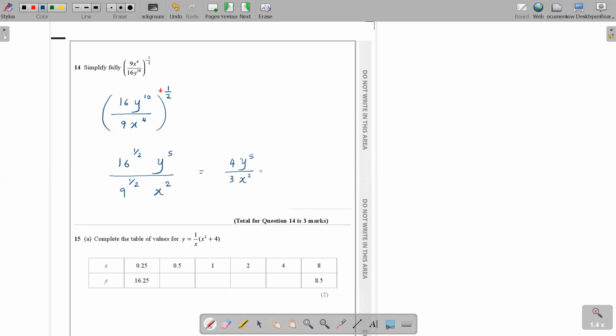You could type it in the calculator, or you could use your common sense. 16 to the power half is actually 4, isn't it? So you end up getting here 4y to the power of 5 over 3x squared. So this should be your answer for question number 14.